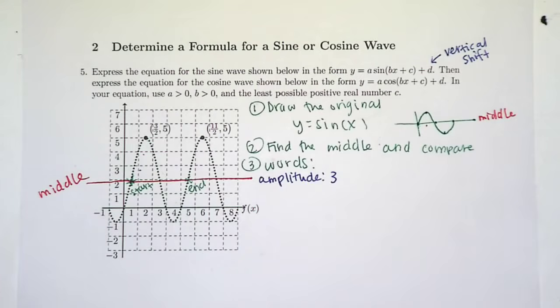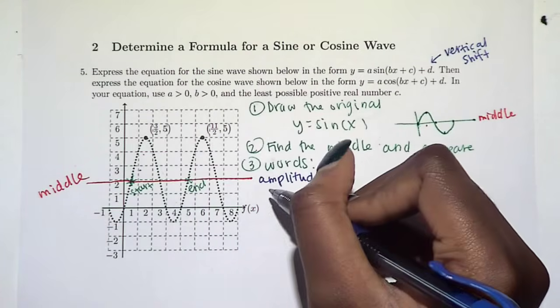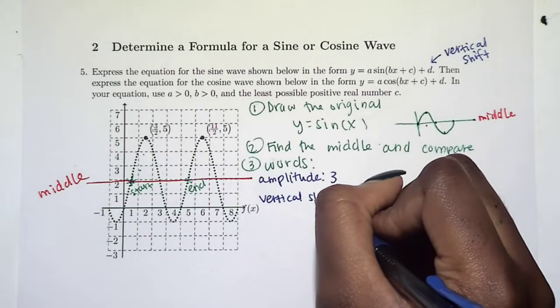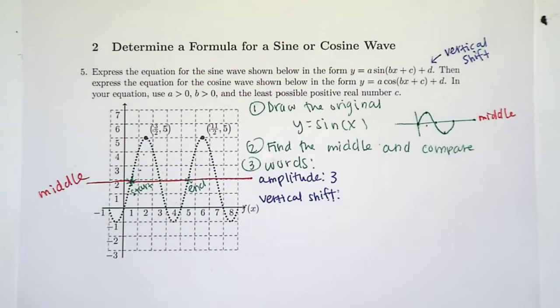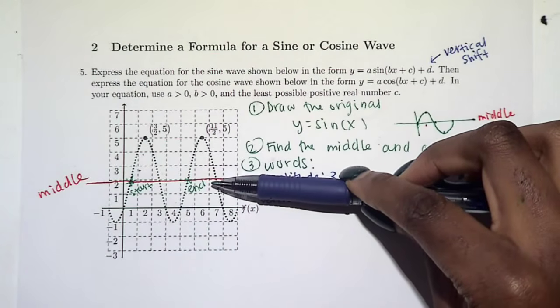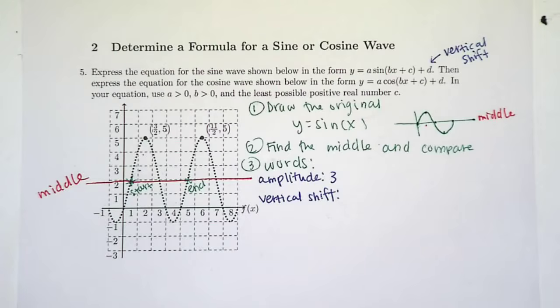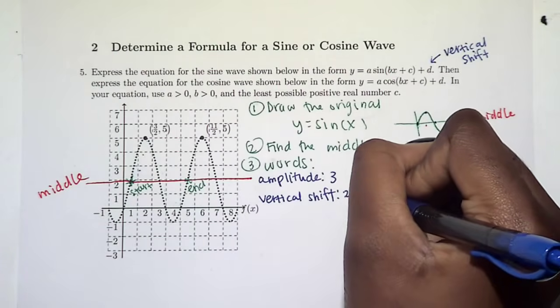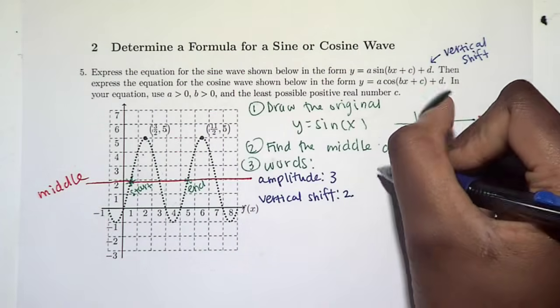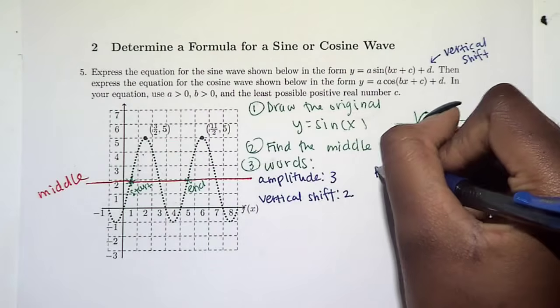I can also figure out my vertical shift, so how much we've shifted up and down. And this is why finding that middle line is so important, right? The middle used to be at y equals 0, but now it's at y equals 2. We've shifted up 2 units, so the vertical shift is 2. All right, I'm now going to go ahead and find the phase shift.